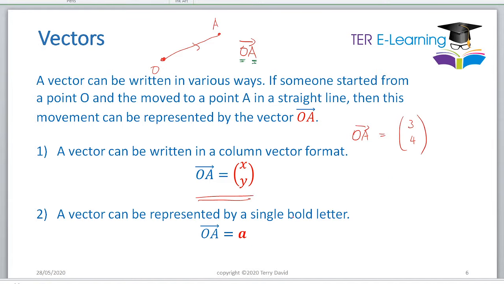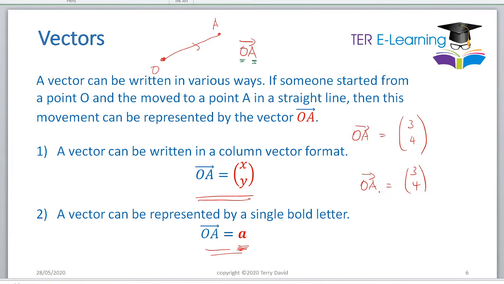Another way we can represent a vector is by using something called a unit vector. OA can also be represented by a bold common letter, so this vector OA could be represented as just a small e, which is bold. So vectors can be represented in different ways. I can say the vector OA is, let's say, 3, 4.